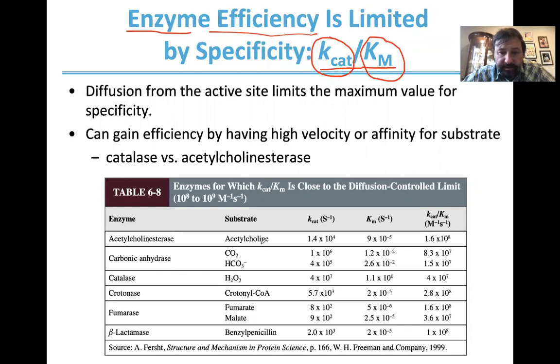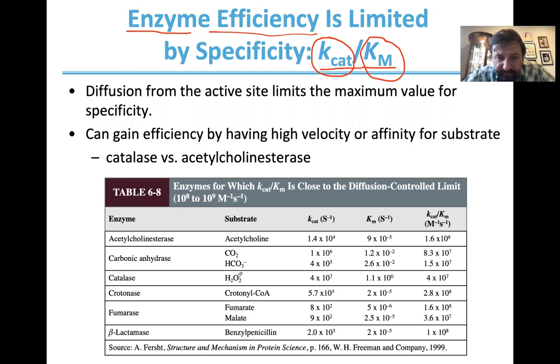So it will break down acetylcholine back into choline, which will be reabsorbed into the presynaptic neuron. And you can see here, it's the combination of Kcat and Km, which gives us such a high number, 10 to the 8.